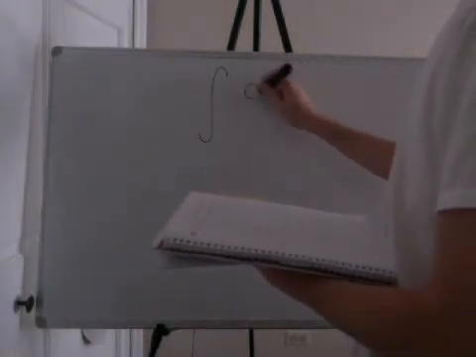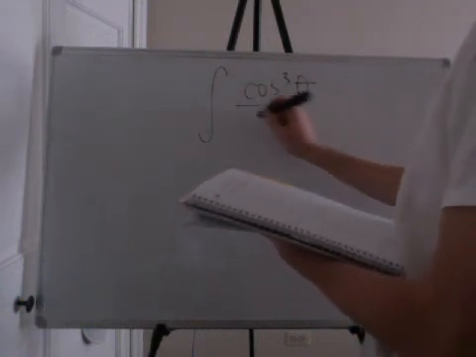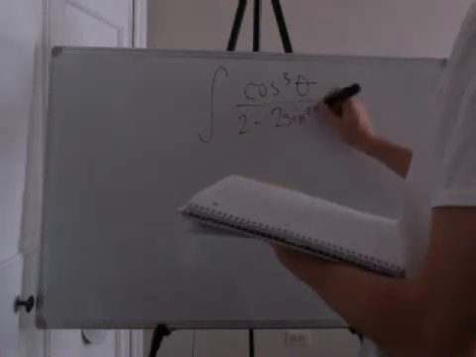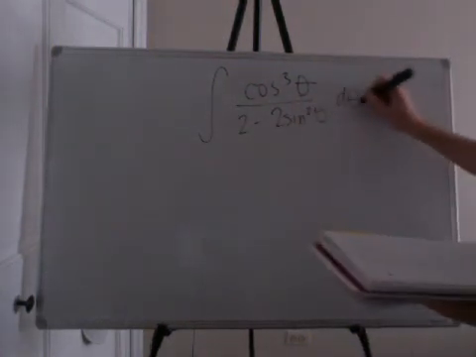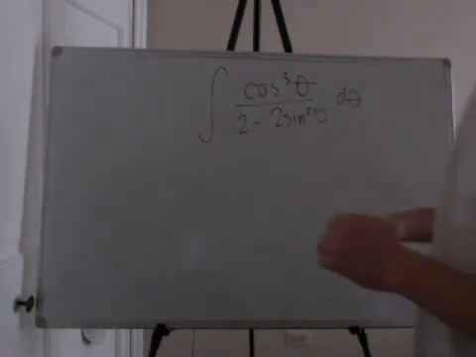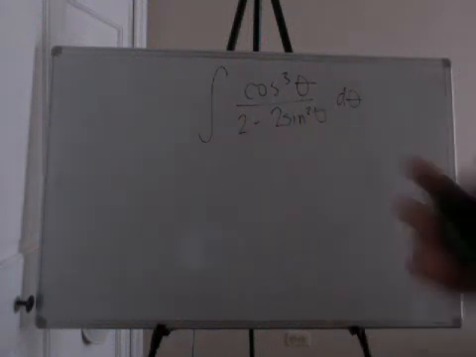We're going to find the integral, really quickly, of cosine cubed of theta all over 2 minus 2 sine squared theta. And then we write d theta, because we're taking it in respect to theta. So, with this one, we can think, if we pull out the 2, I'm just going to do it right on here, but you'd have to show every step along the way.